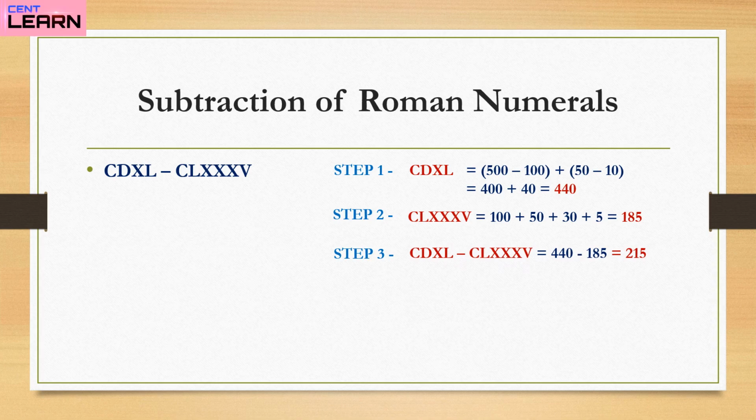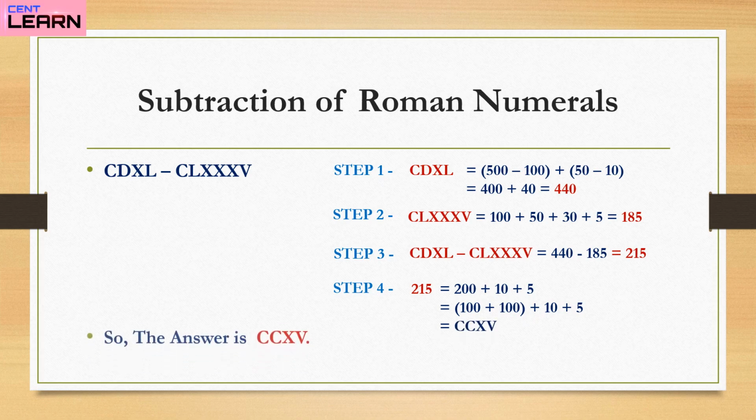CDXL minus CLXXXV will be equal to 440 minus 185 equal to 255. Now we have to transfer this to the Roman numeral. So we'll write in the expanded form 200 plus 10 plus 5, which is equal to CCXV. So the answer will be CCXV.